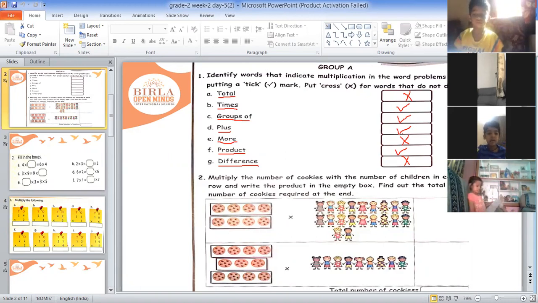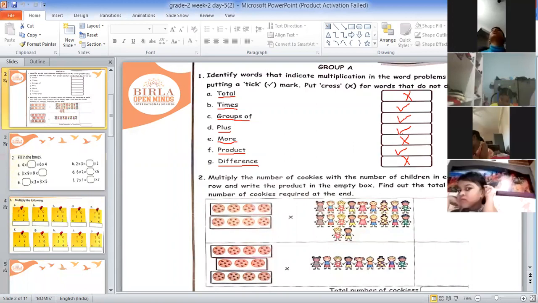So first we'll start counting the number of cookies. How many cookies are there? 1, 2, 3, 4, 5, 6, 7, and 8. In the first one, there are 8 cookies. And how many children are there?